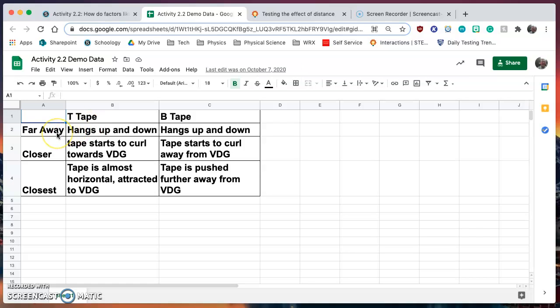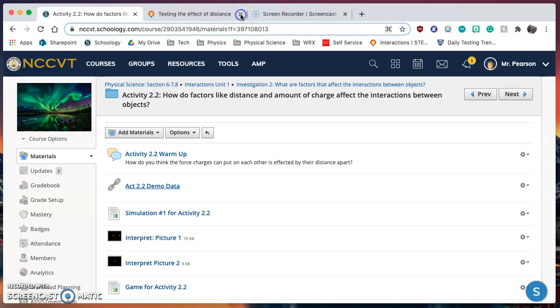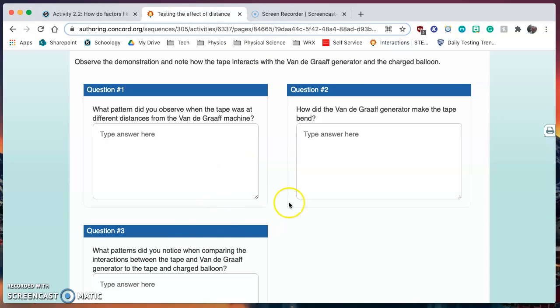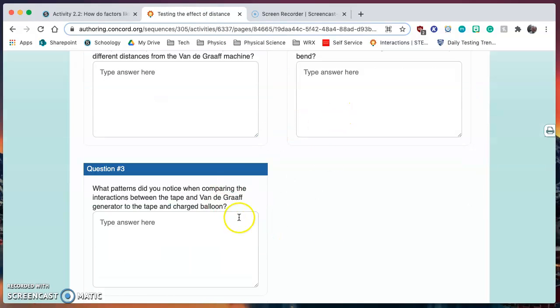All right, and what I did is I started by holding each piece of tape very far away from the Van de Graaff when it was turned on, of course. And I started to move them closer and closer. And I recorded what happened as I did that. Okay, so you can use that data for these questions here.